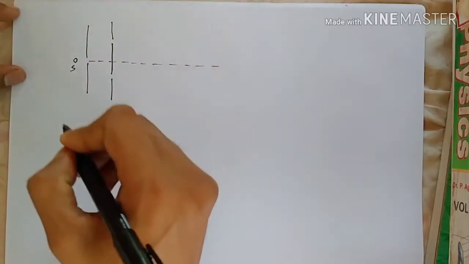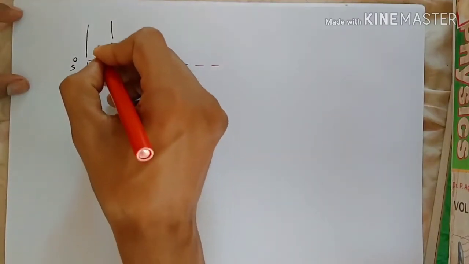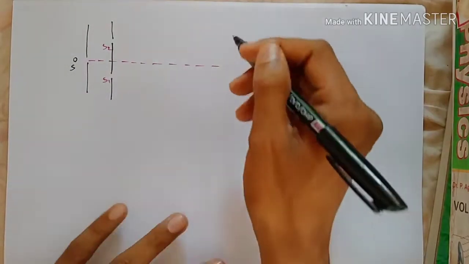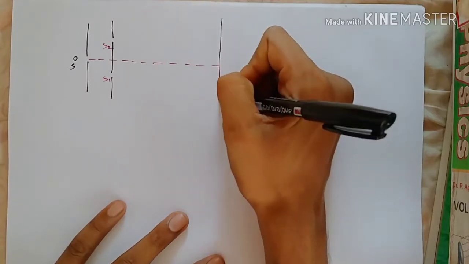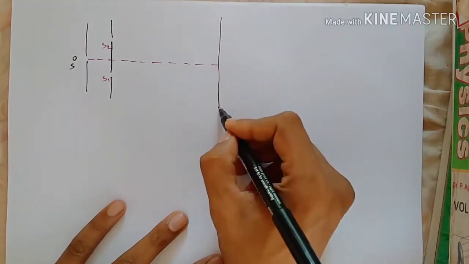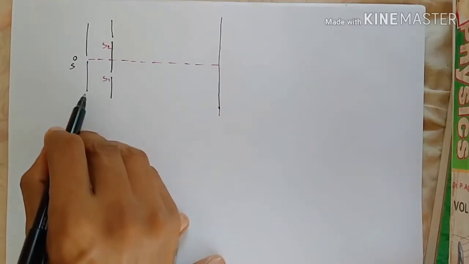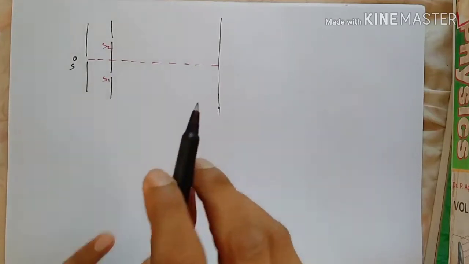Let's mark slit 1, slit 2, then we are placing a screen over here. Let me explain. This is our monochromatic source. This is our single slit, double slit, and finally screen.